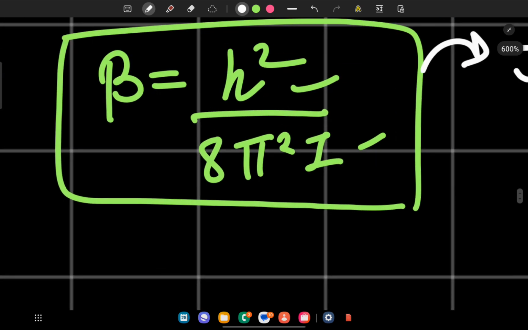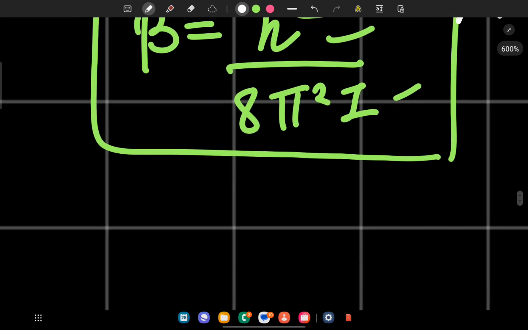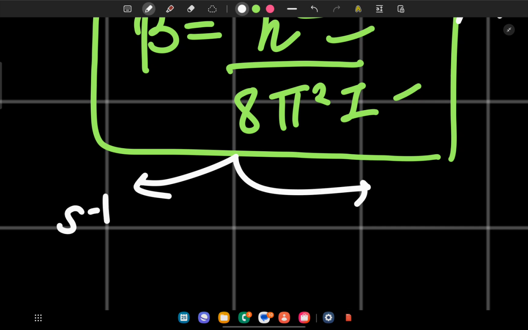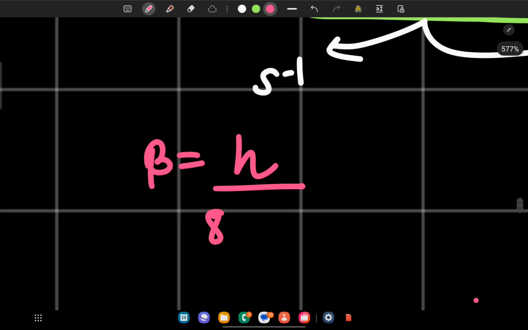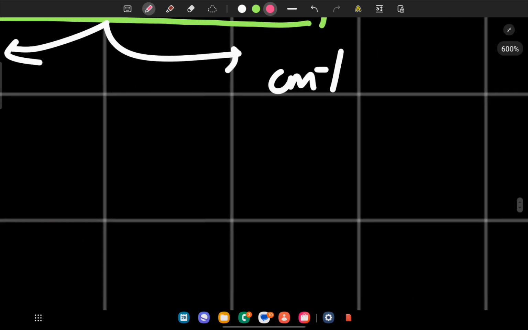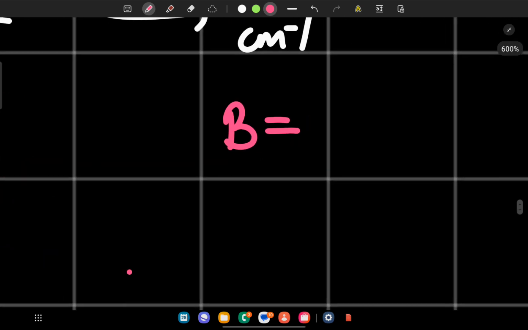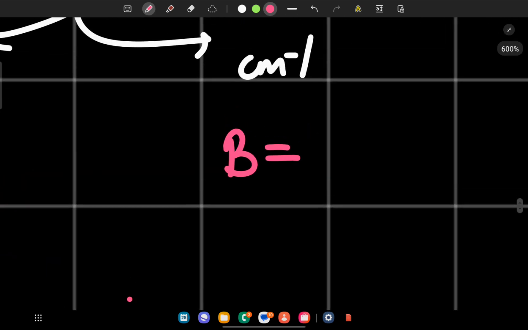But if I have to figure out the value of beta in second inverse, we can write beta equal to h by 8 pi square I. While if I have to get it in centimeter inverse, I will just multiply the moment of inertia by the speed of light in centimeter per second.